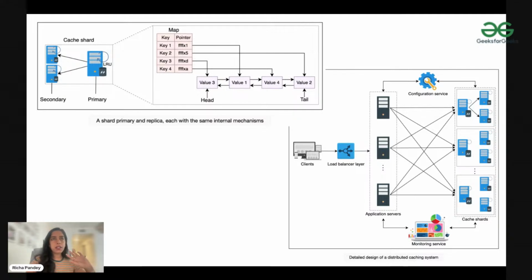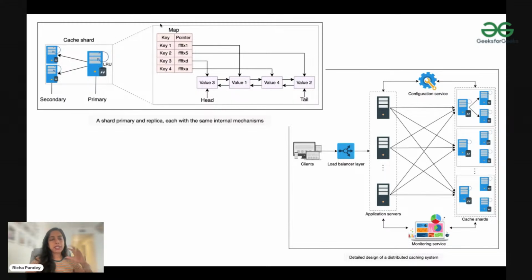So the first one, the one on the left, explains how a cache works, basically the internals of the cache. There is a primary cache and there are two secondary caches. The secondary ones are just replicas of the cache. So if the primary goes down, a secondary can become the primary and it will serve the requests.